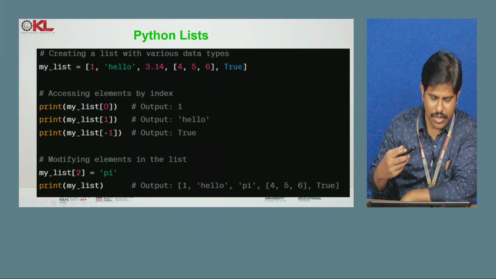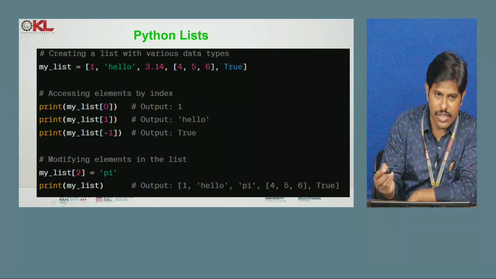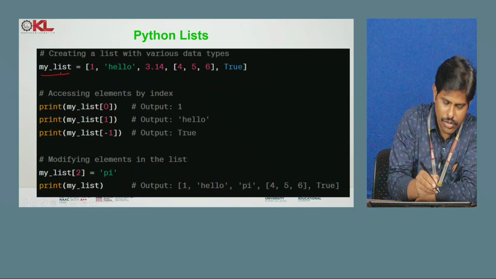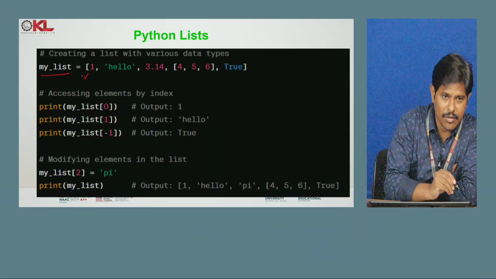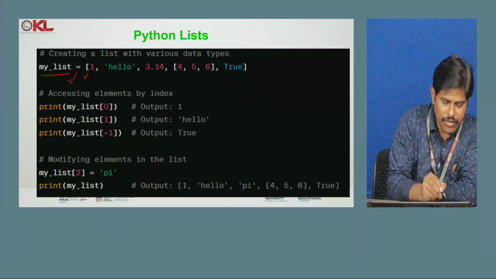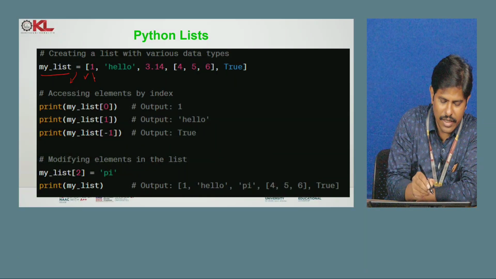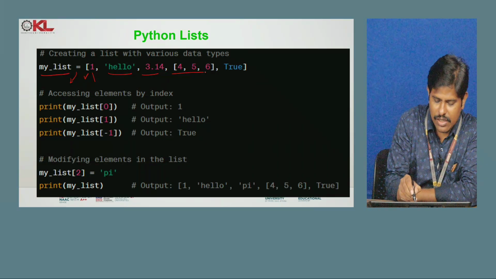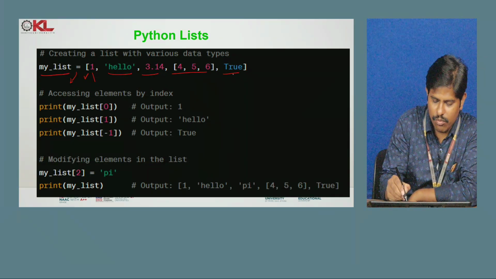So I will see some of the examples here. To create a list, simply you say my underscore list, use the square brackets and an equal to operator, a numeric, a string, a floating point, a nested list and a boolean.